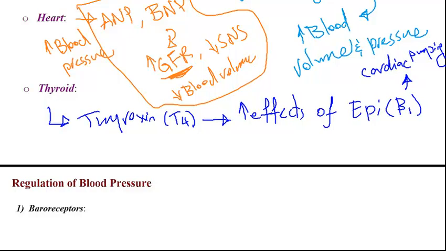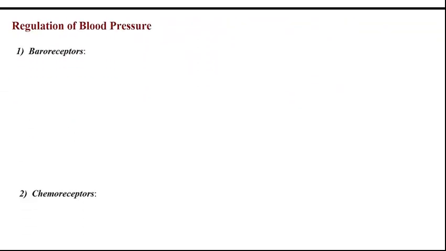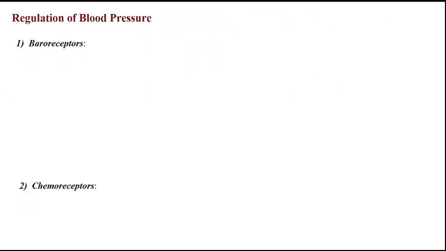Next, I'd like to go over regulation of blood pressure. So in the previous video, we've already discussed how the blood volume is being regulated by different mechano or baroreceptors, and that's actually one very important mechanism of controlling blood pressure.